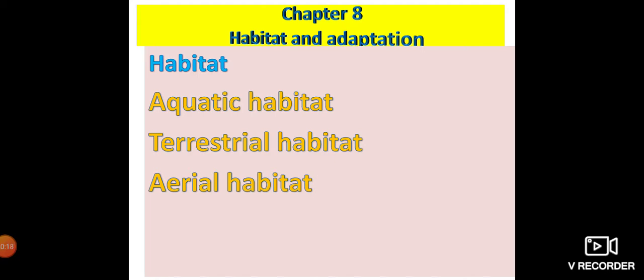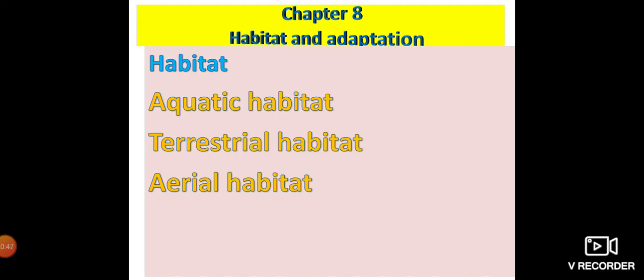In aerial habitat, different types of animals like birds, bats, butterflies, and insects can fly through the air. In order to fly, these birds have some special features in their body.